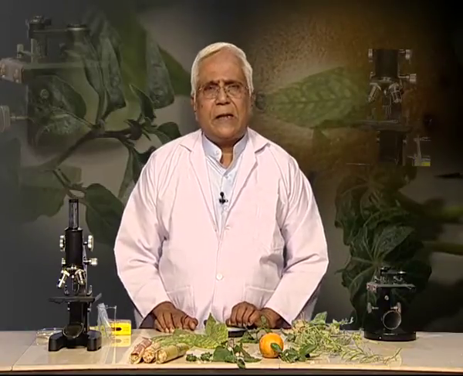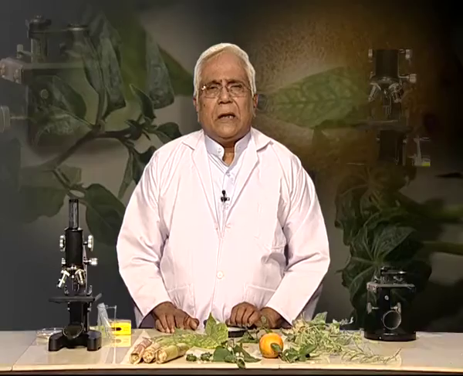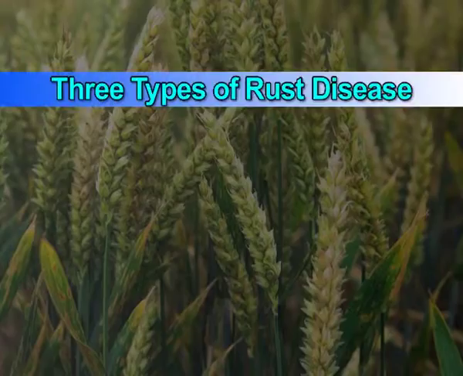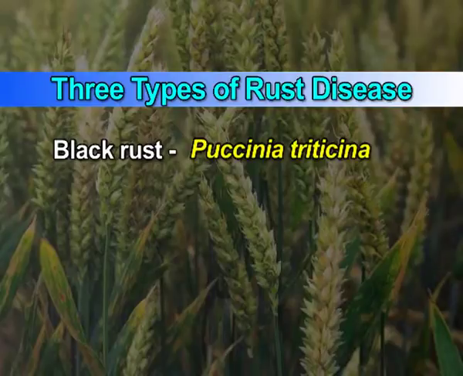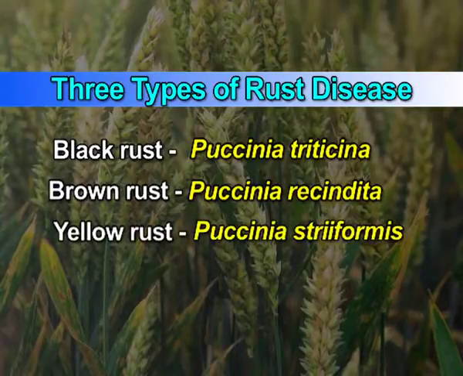The next disease is rust disease in wheat. Again, this is a fungal disease caused by Puccinia. You have three types of rust diseases in the wheat plant. One is known as black rust. It is caused by Puccinia triticina, and the brown rust is caused by Puccinia recondita, whereas the yellow rust is caused by Puccinia striiformis.